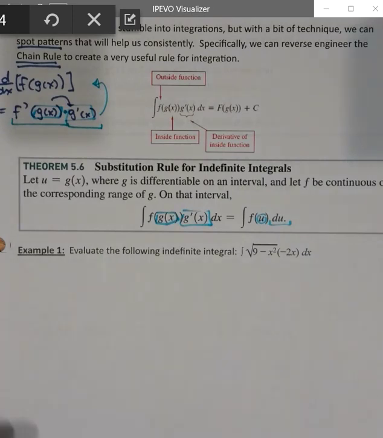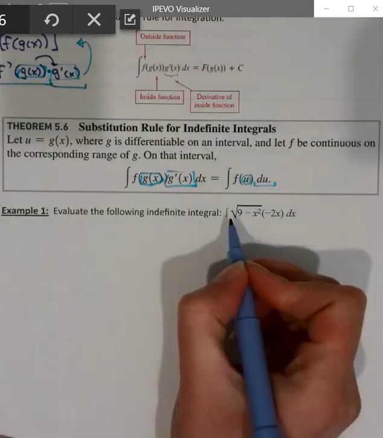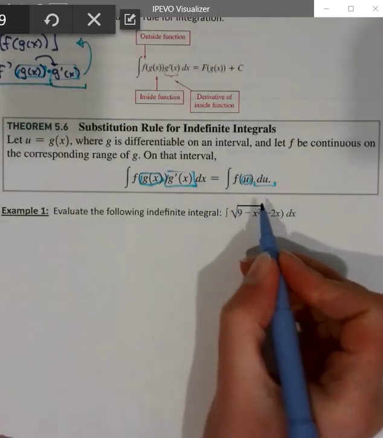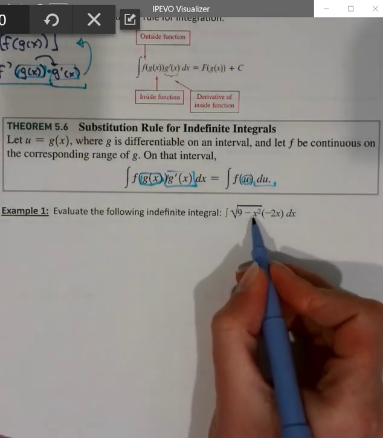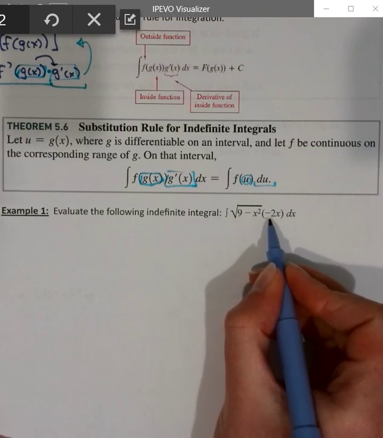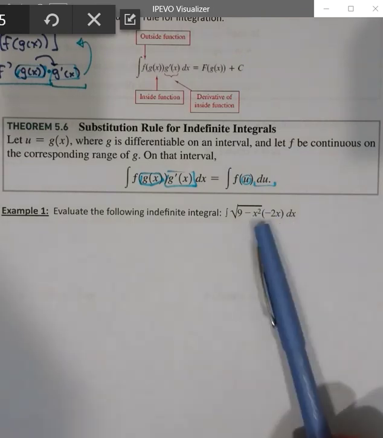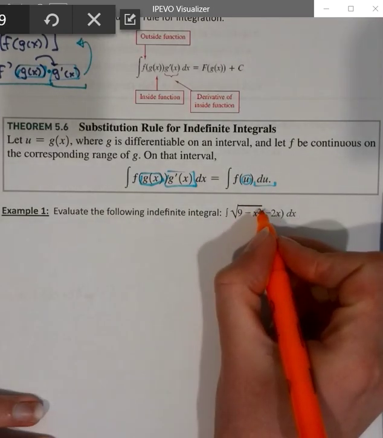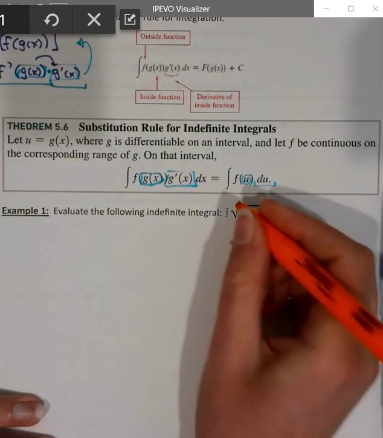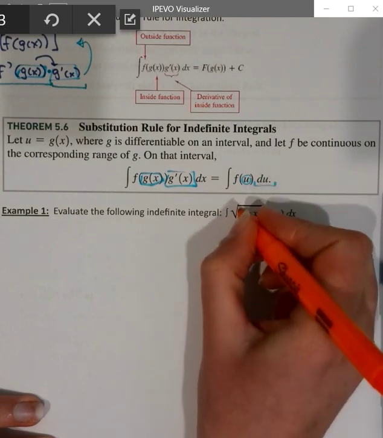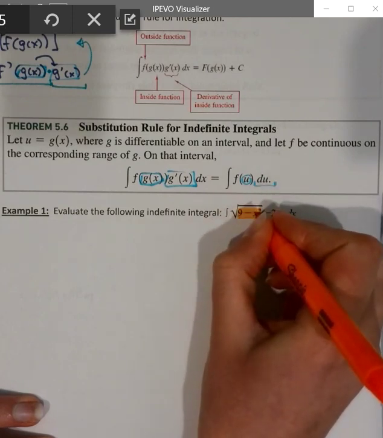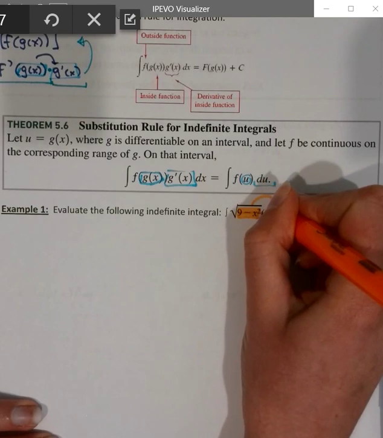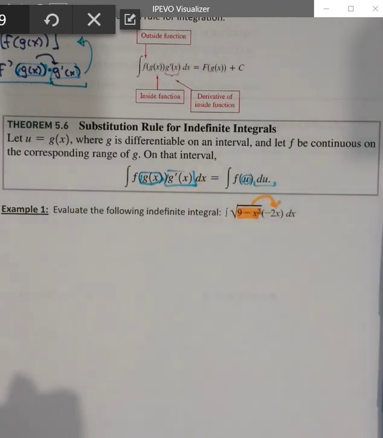Let's take a look at this one right here. I want to integrate the square root of 9 minus x squared times negative 2x dx. I can see that there is a product. First of all, there has to be a product. And inside that product, there is a function that has an inner function, and hopefully its derivative is the outside part of the product.